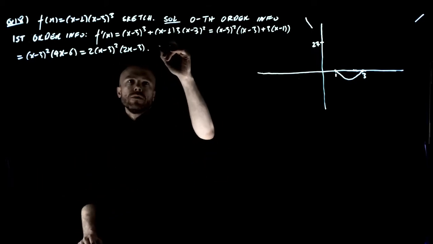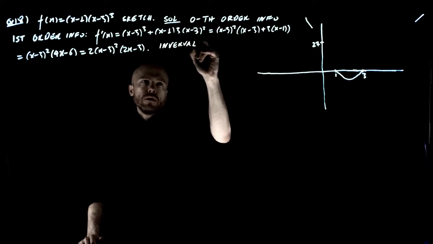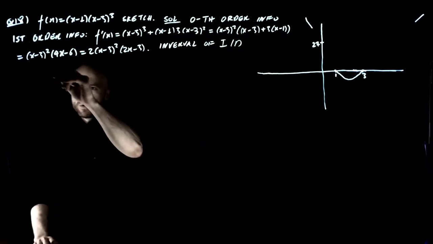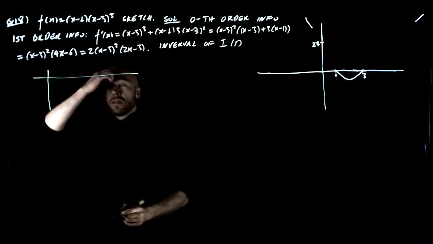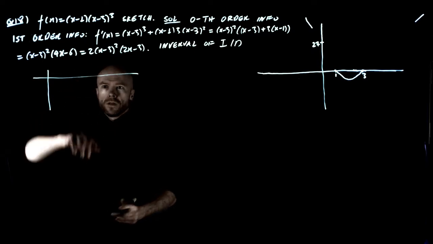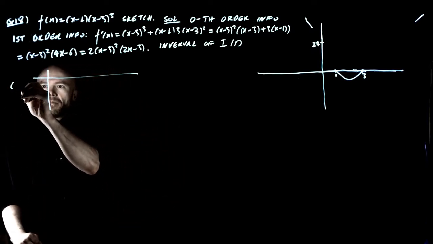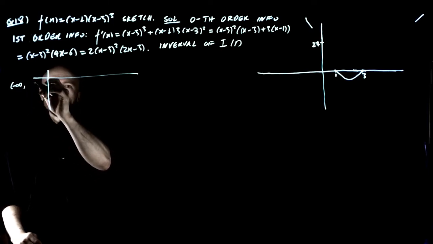So intervals of increase and decrease, and then we create a table. Our first interval is going to be from minus infinity to 3 over 2.